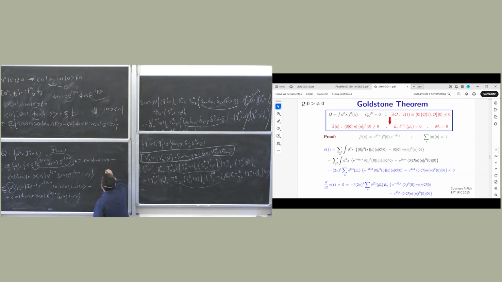This e to the minus i p_n x that I have here is e to the minus i E_n times time, e to the plus i p_n x. So then I can do the integration over x. That is going to give me a three-dimensional delta. So we are almost done.